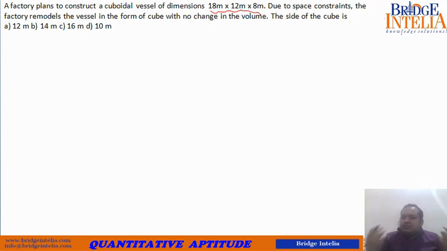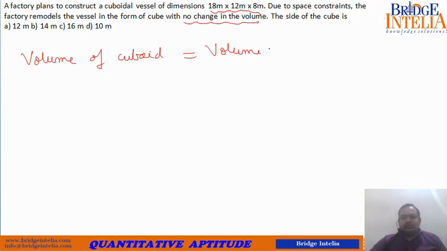So the volume of the cuboid is just the same as the volume of the cube. So if the side of the cube is assumed to be A, then I can say that volume of cuboid must be equal to volume of cube, because it is said here that there is no change in volume.